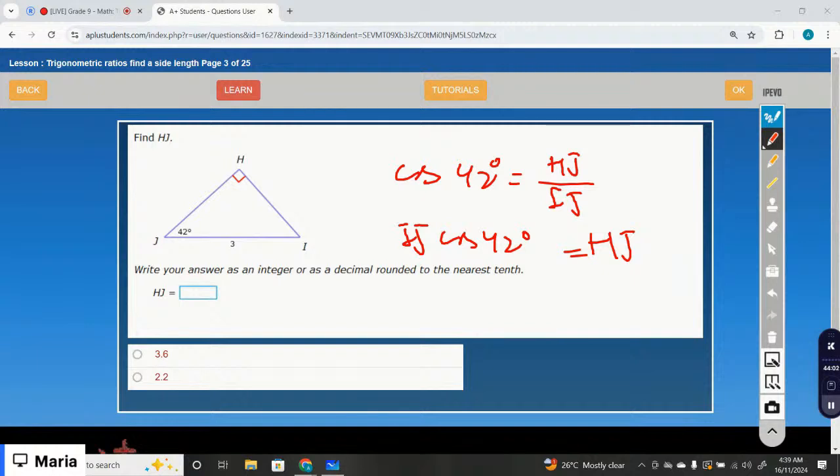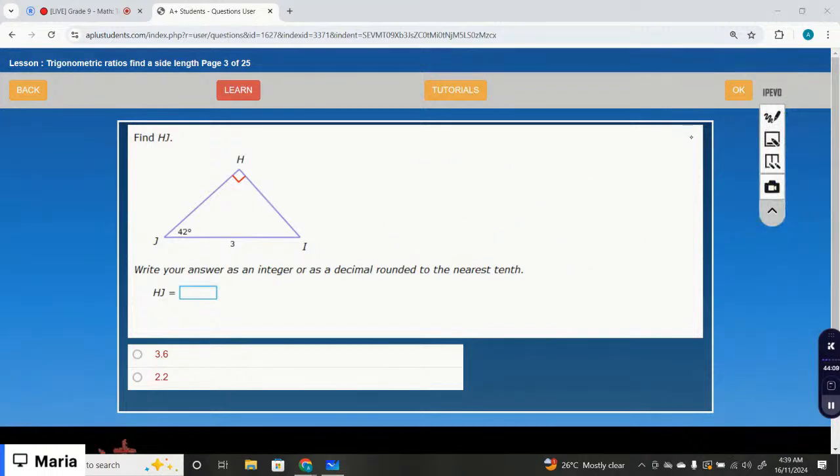So that is 2.2. Option number 2 is the correct option. Okay, you can complete the lesson by yourself later today.